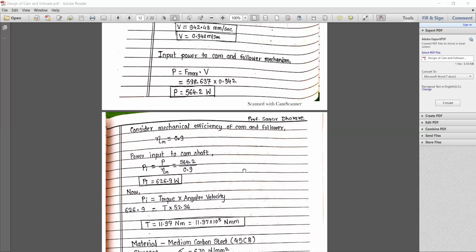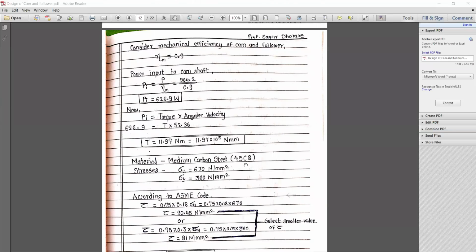Putting all the values, the input power required to drive the camshaft is equal to 626.9 watt, that is 0.6269 kilowatt. Now we need to calculate the torque so that we can easily design a shaft. Input power is equal to torque into angular velocity. Putting all the values, the torque is equal to 11.97 Newton meter.